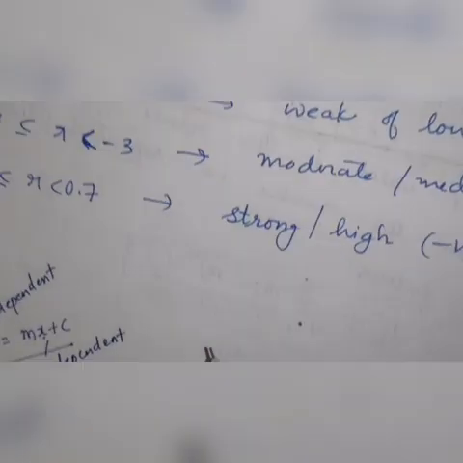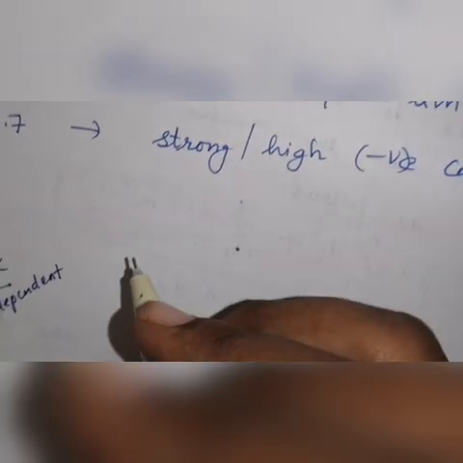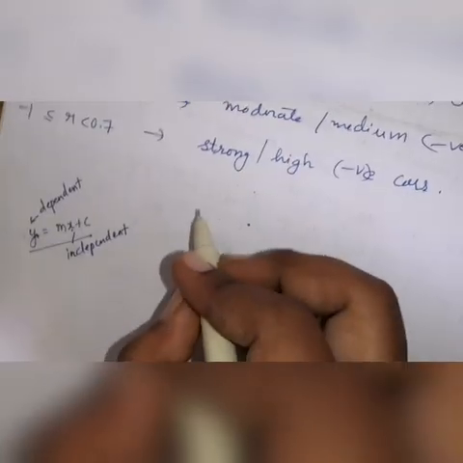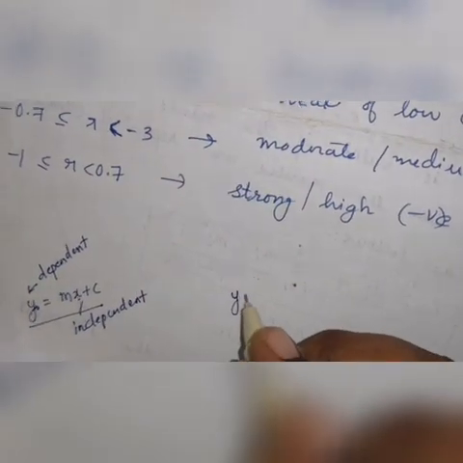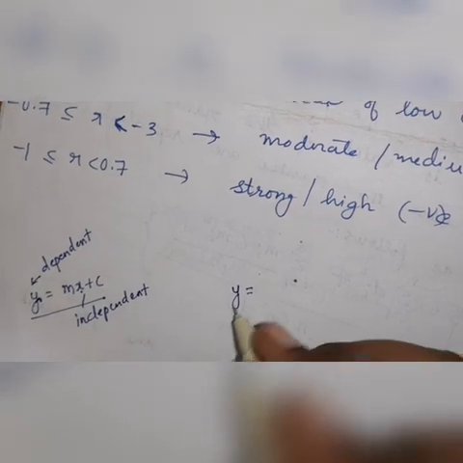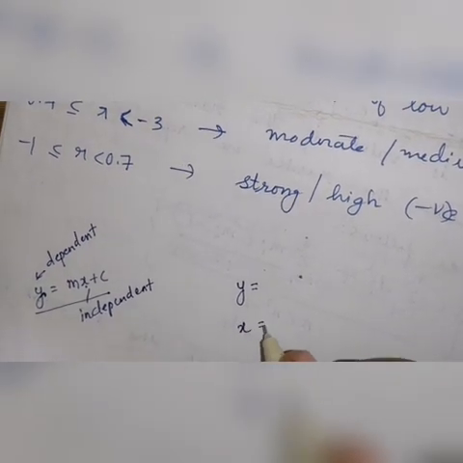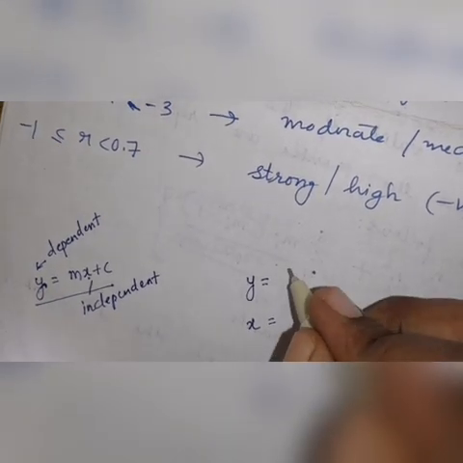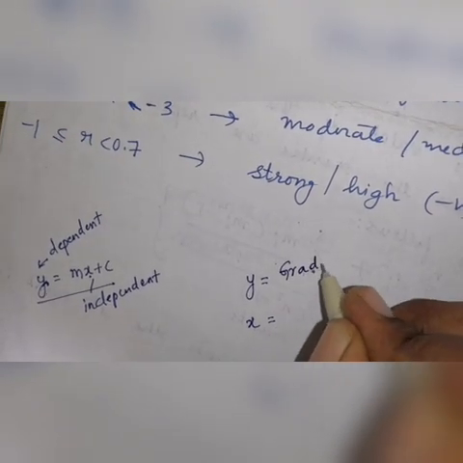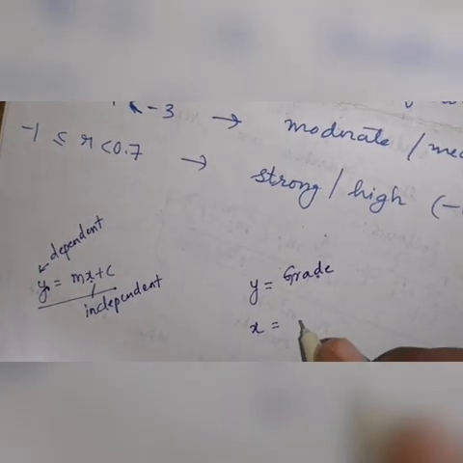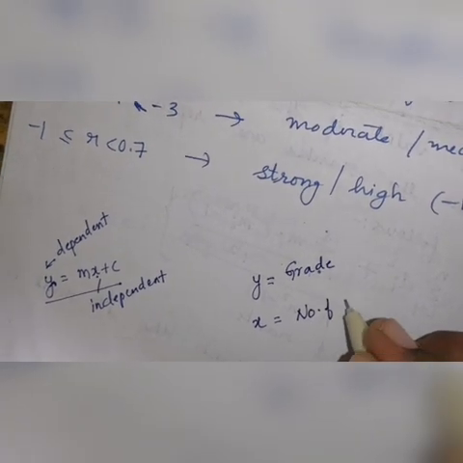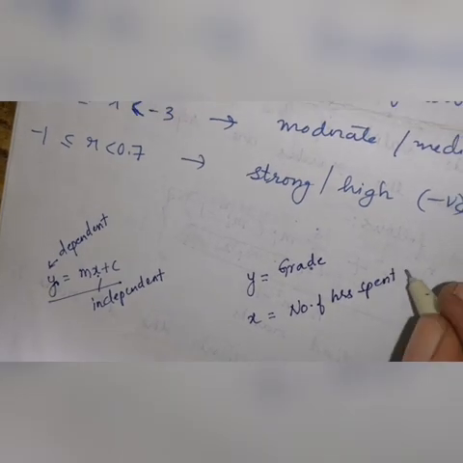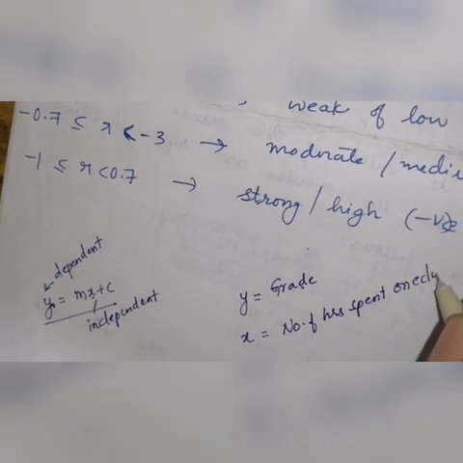Now, if I want to take another example, let me say y is a dependent variable and x is an independent variable. Y is your grade after final exams. Then x is the number of hours spent on education.